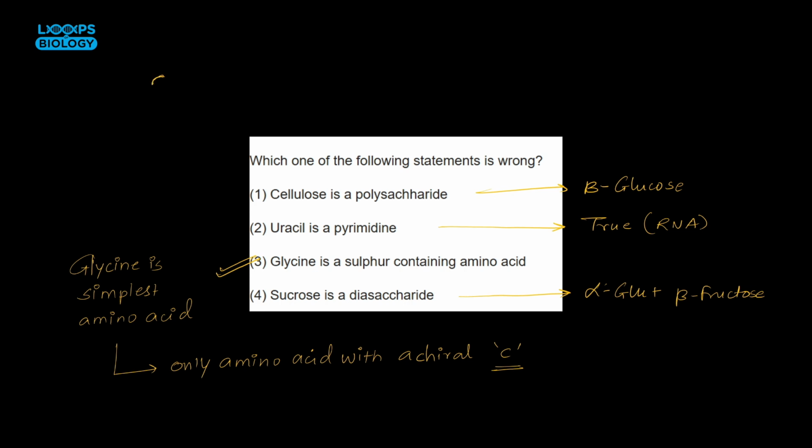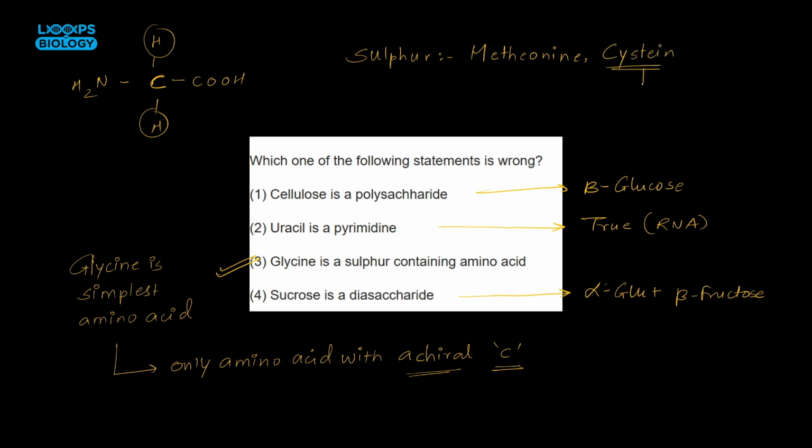If I'm talking about glycine, there is C, H, H, COOH and NH2. So in this particular case, the carbon is bonded with two hydrogens, and that's why it is achiral, and there is no sulfur inside this amino acid. If I'm talking about sulfur containing amino acids, there are two cases, that is methionine and cysteine.